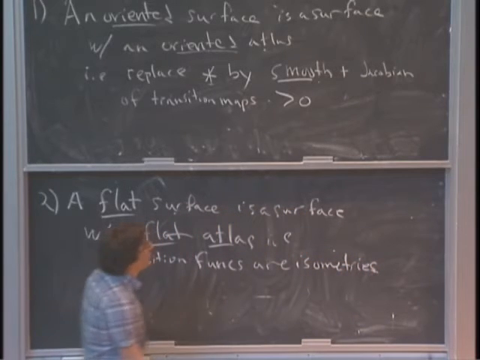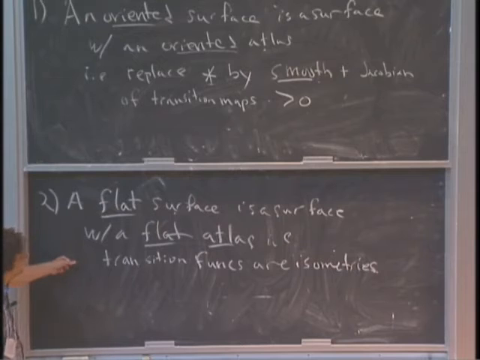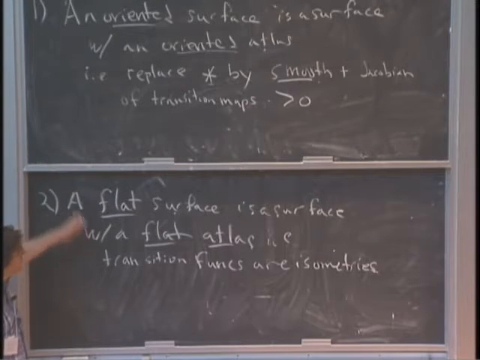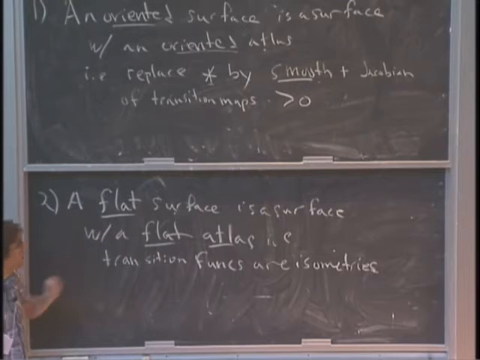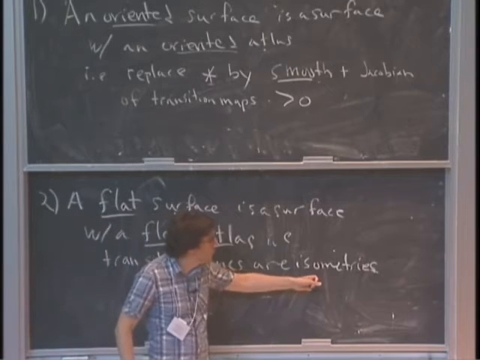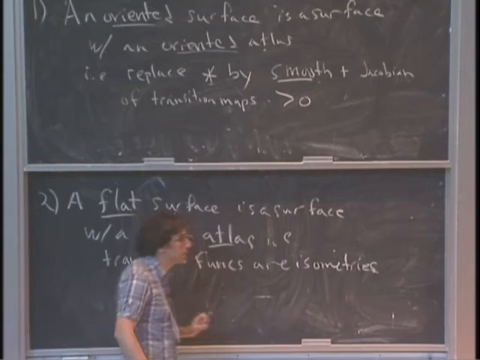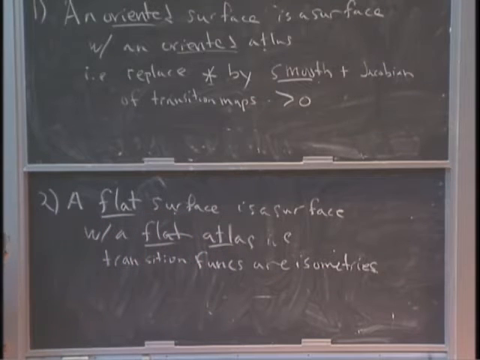Right? So notice, in principle, a flat surface doesn't need to be an oriented surface. You can also talk about an oriented flat surface by imposing further that they're orientation-preserving isometries, but I don't want to go into that.